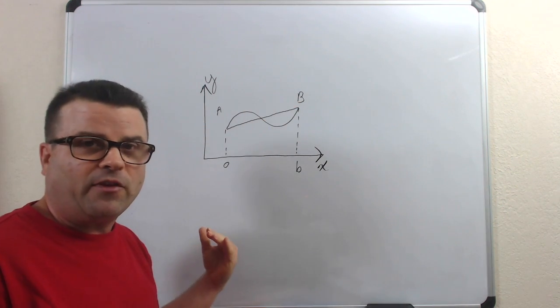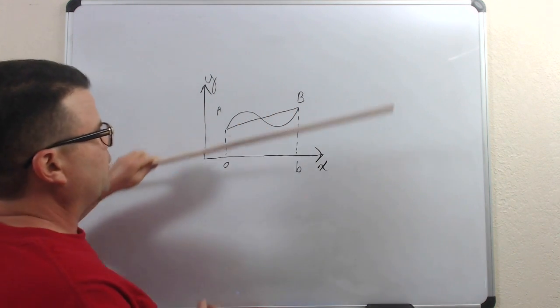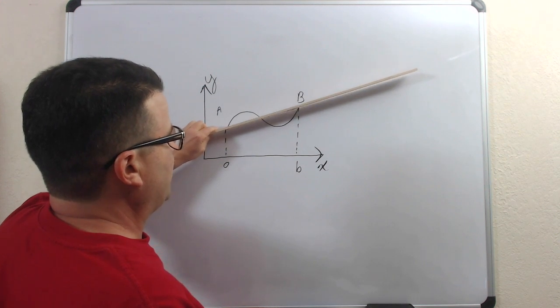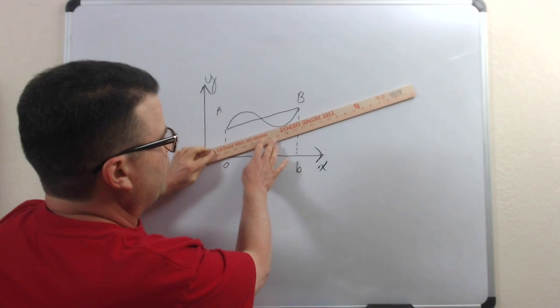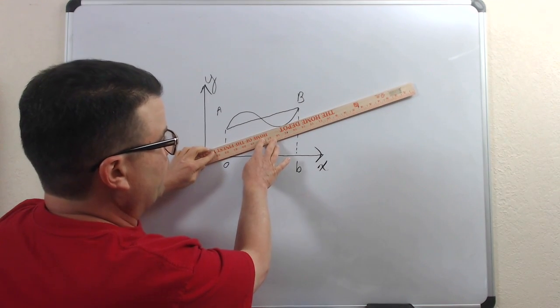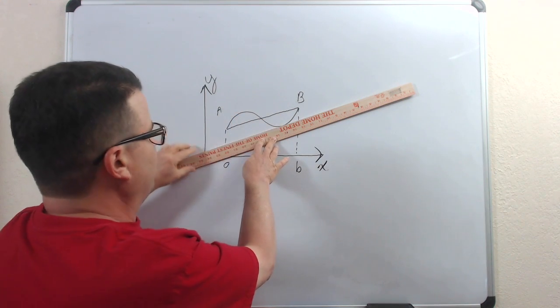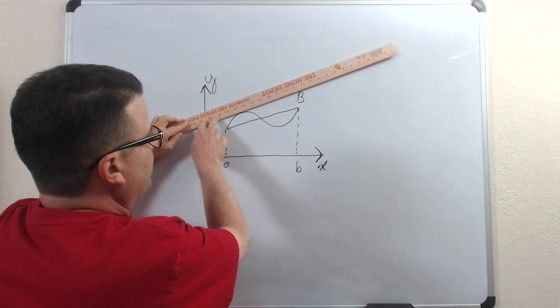We would think of the slope of this line as the average rate of change from A to B. So here's that slope of that line, and you can see that right here, the slope of the tangent line would be equal to the slope of that line. Those lines are parallel. And also right here, same thing.